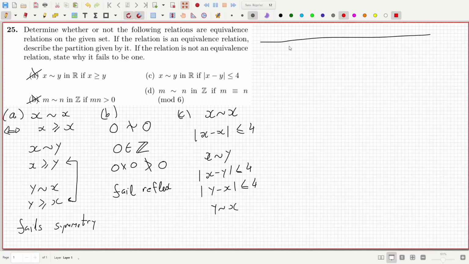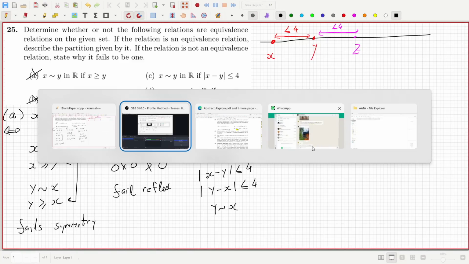So x and y are equivalent: there's x, there's y, and the distance between them is less than or equal to 4. Then let's say there's z, and y and z are equivalent if the difference between them is less than or equal to 4. But of course, that doesn't mean the difference between x and z is less than or equal to 4. So if I give a counterexample, I can prove it fails.